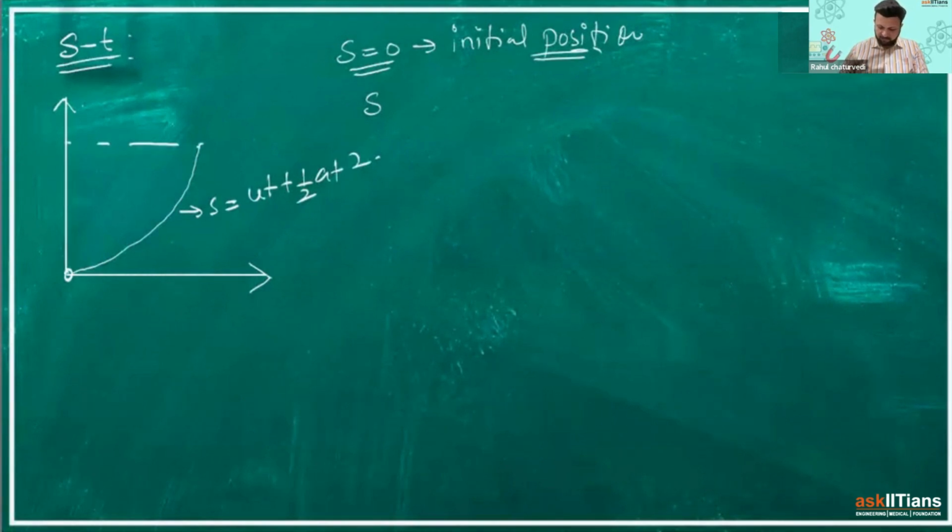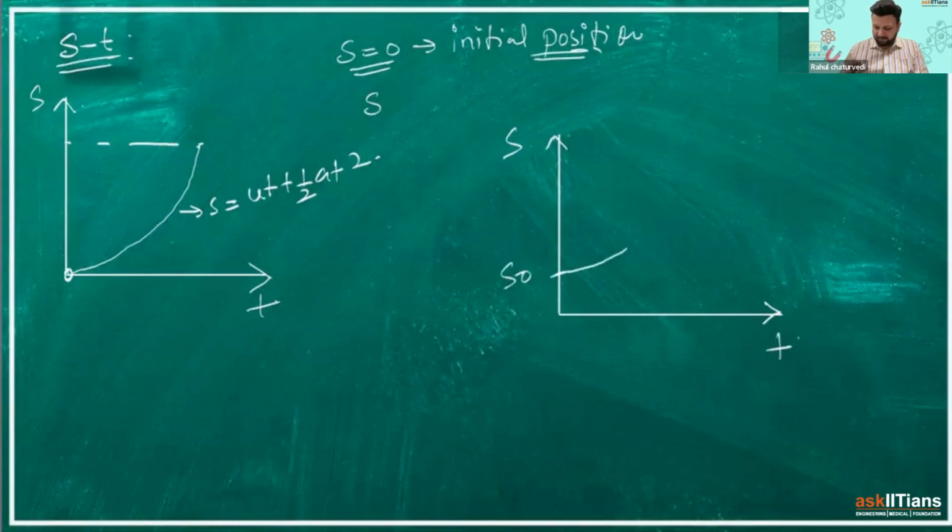So the initial position here we have considered as 0. But if the initial position has some value, for example, S is equal to S naught, since the initial position is S naught, the graph will be something like this, right?